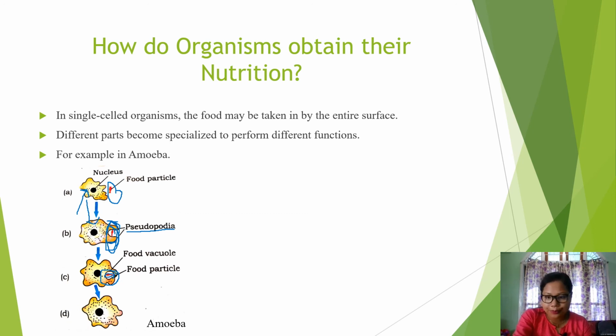The complex substances of this food are broken down into simpler ones, and later diffused into the cytoplasm. The remaining undigested food particle is then thrown out of the cell. So this is how the amoeba takes its nutrition.